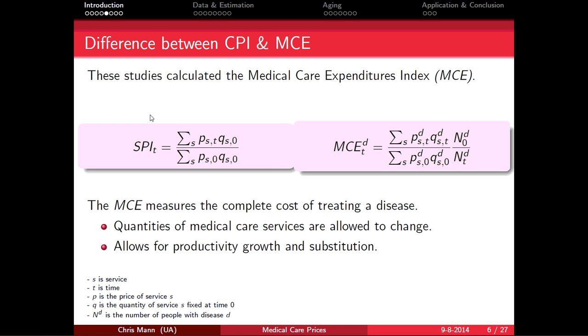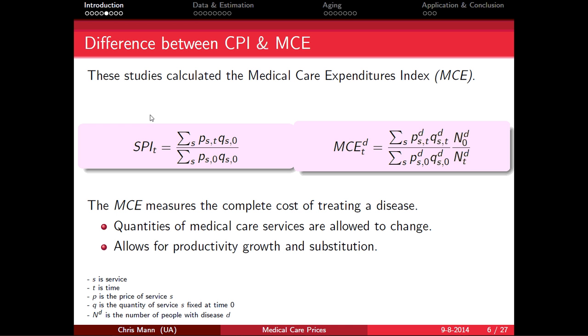So the idea behind this is that, now typically, when the BLS tries to calculate the CPI, what do they do? They try and determine how the price of a particular final good is changing in the economy.